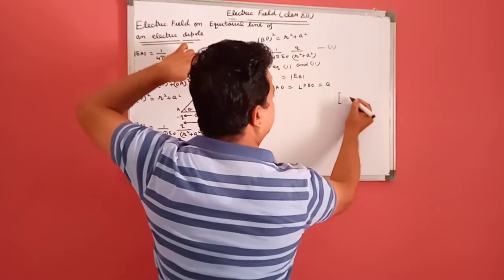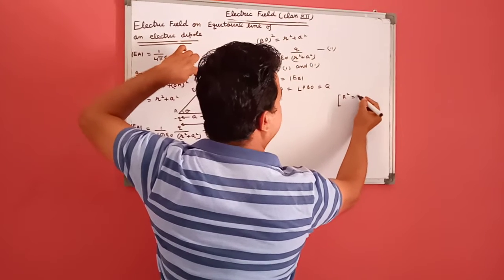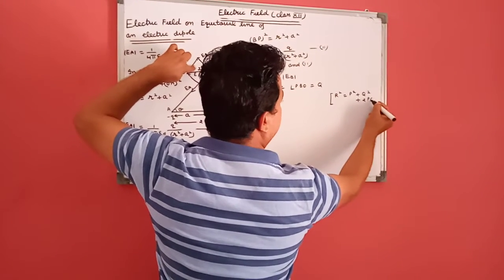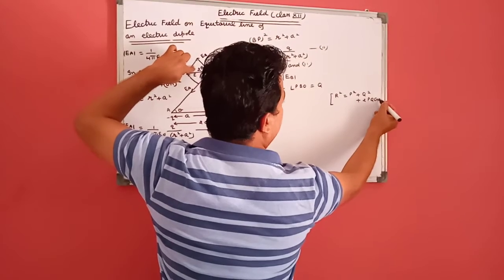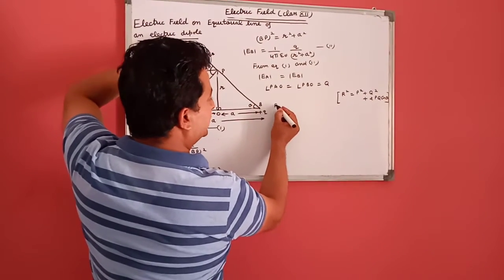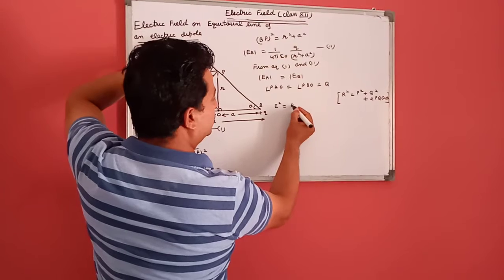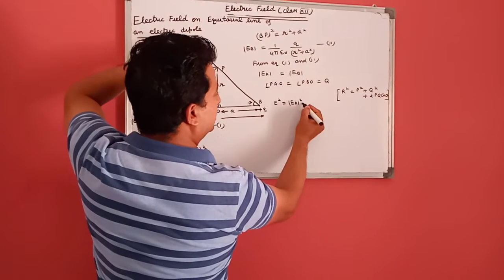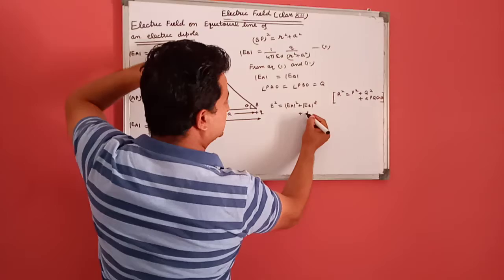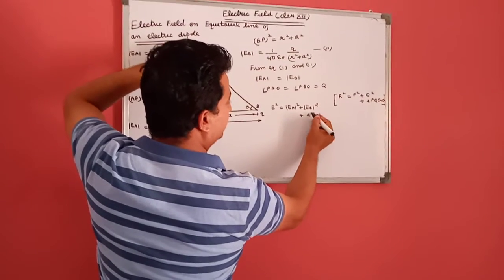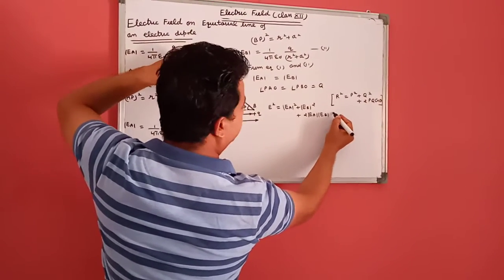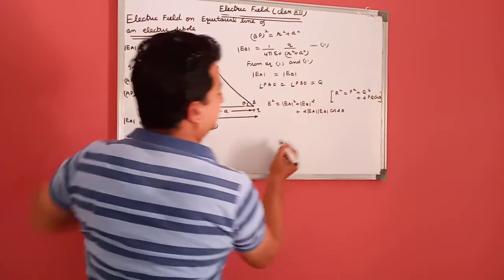As we know, the resultant is R square equal to P square plus Q square plus 2PQ cos of the angle between them. In this figure, E square equals EA square plus EB square plus 2EA EB cos 2 theta, where 2 theta is the angle between EA and EB.